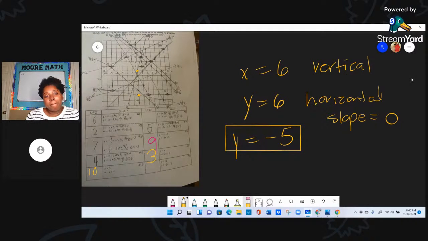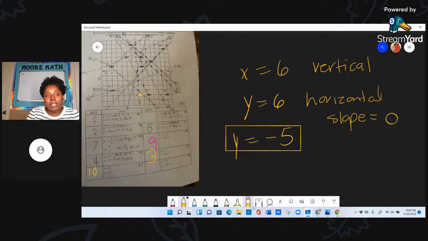Now what? What am I going to do about x? This y equals -5 means y is only -5. I can't go up because that changes my y. I can't go down because that changes my y. What are the only places I can go? Somewhere where y continues to be -5.